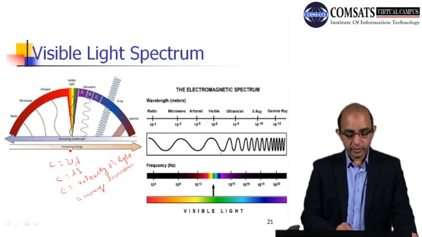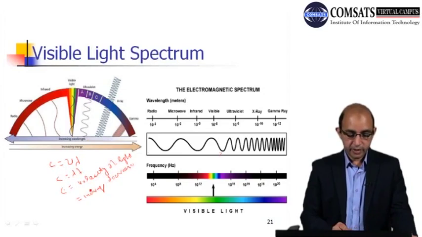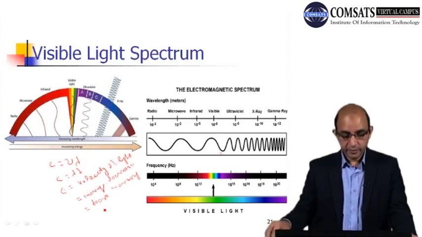This we will talk about at a later stage: the relationship between energy and those different parameters. On the other hand, if we move here, frequency is increasing, so wavelength has to decrease, but c has to be a constant.